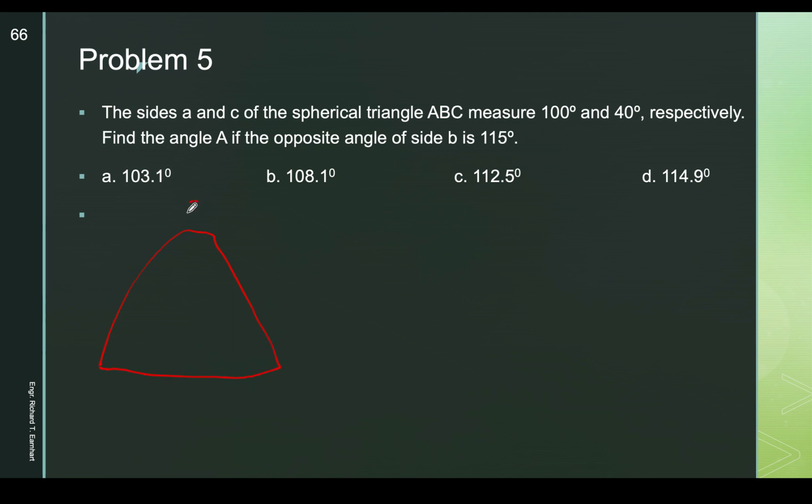Okay, so let's say this is angle C. The side c is given as 40 degrees. The side a is 100 degrees. This is the angle A. Now take note that this is 100, so we expect the angle to be more than 90 degrees.